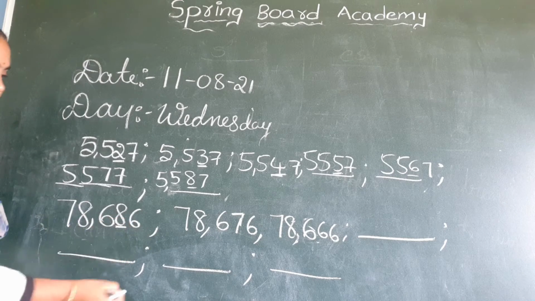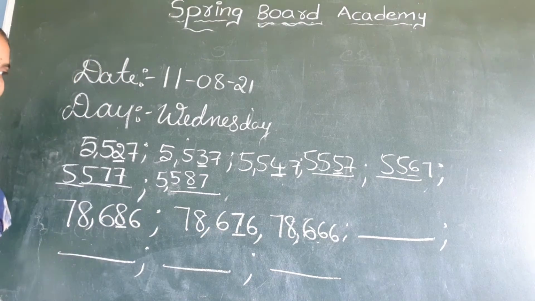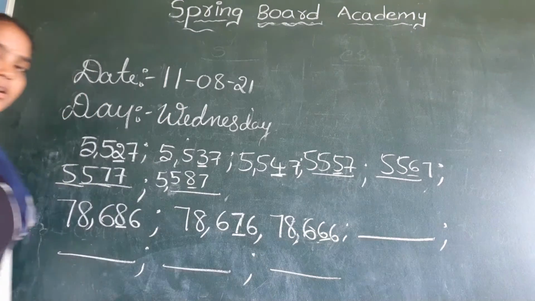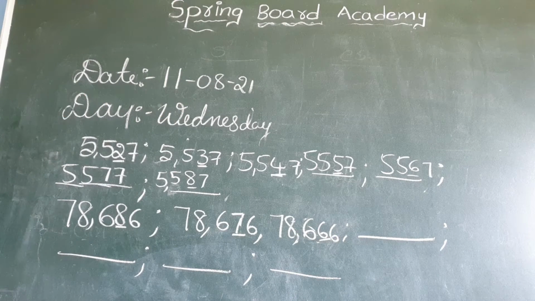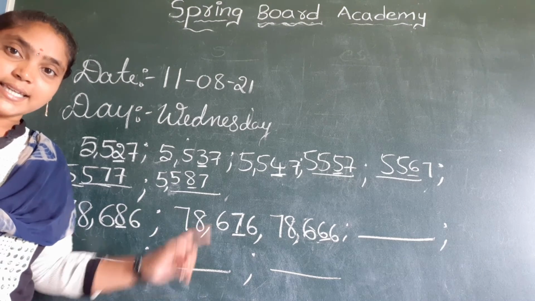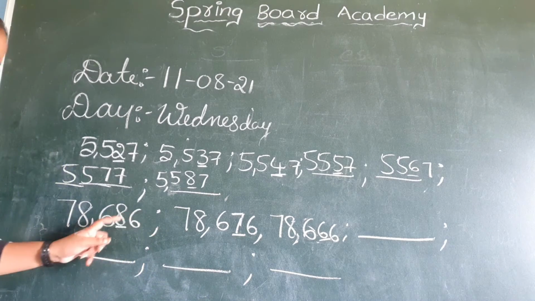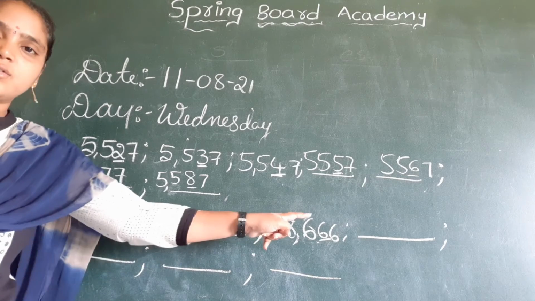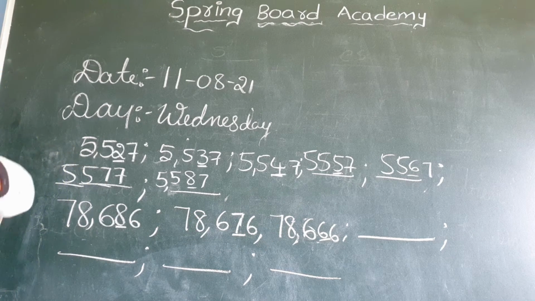78,686, 78,676, 78,666. Which place of the digit is changing? The tens place of the digit is changing, children. And is it increasing or decreasing? 8, 7, 6. It is decreasing. So now here you have to write 10 less each time.